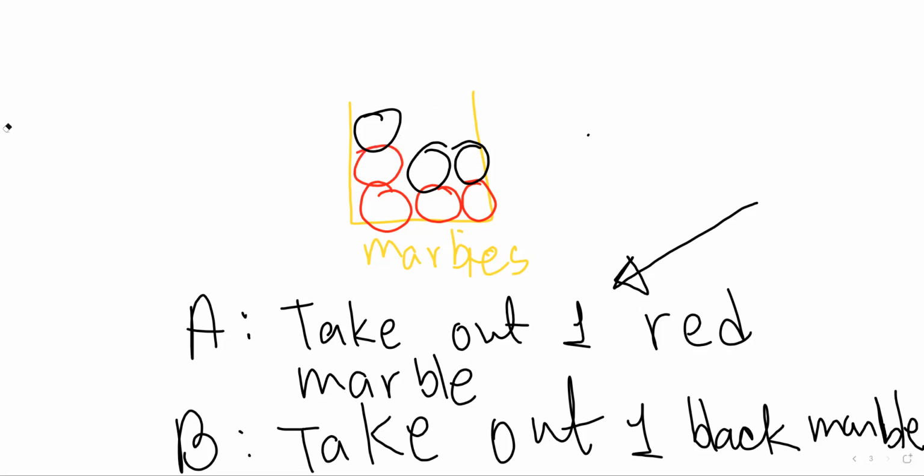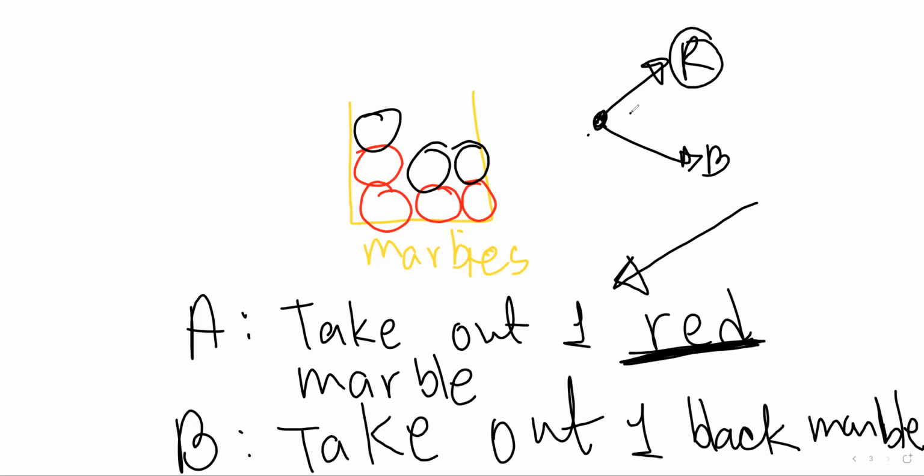In your tree, the first event is either red or black, right? In this case, we said the event A is getting a red marble initially, so we will expand this. You either get a red or black in your second attempt. So we are talking about getting a red and then getting a black.